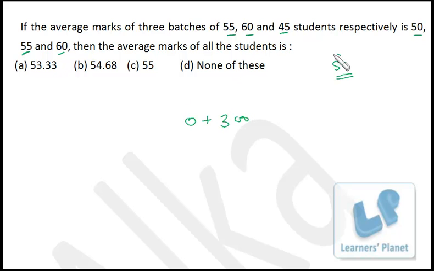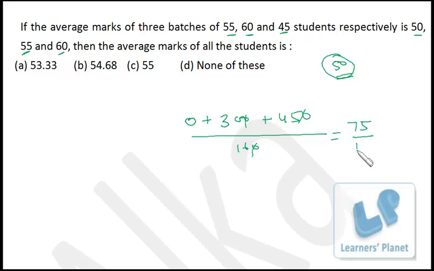Assumed is 50, deviation is plus 5 of 60 students, so 5 into 60, 300. Similarly, deviation is 10 of 45 students, so it is 450, divided by the total students, that is 160. So 0, 0, 0, 45 plus 30, that is 75 by 16.